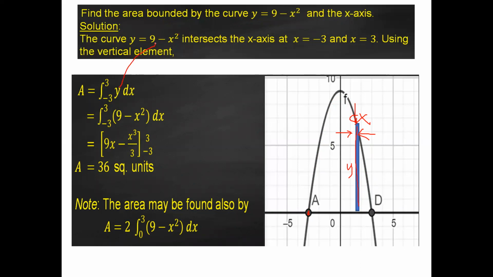Ayun na yung value niya, 9 minus x squared. Okay? At dahil dx ang pinag-uusapan nating differential operator, definitely ang mga limits natin ay yung mga coordinate na abscissa. Hindi ba yung a dito, we have negative 3 and 0. On the other hand, we have 3 and 0.